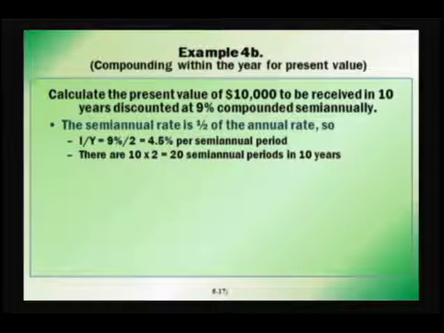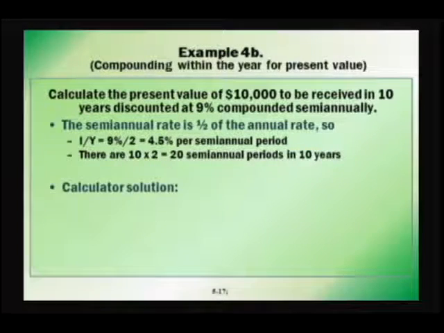If we're doing it semi-annually, how many periods are there each year? 2. So my interest rate, I take 9% divided by 2 to get my semi-annual interest rate. There are 2 periods in each year. 10 times 2 gives me 20 periods.